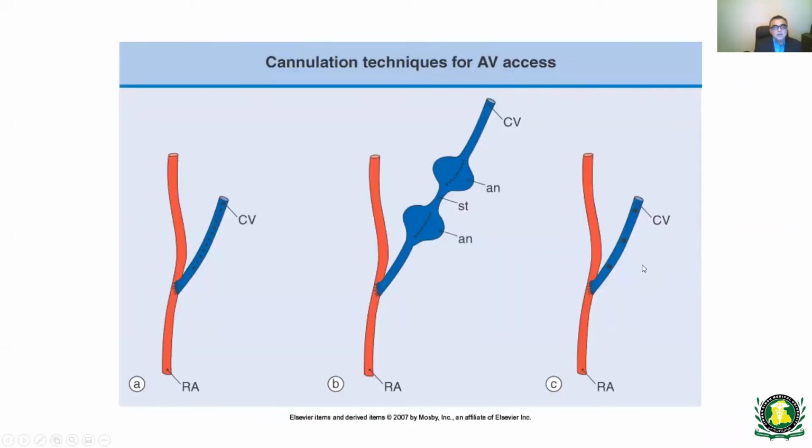As far as the cannulation is concerned, it's very, very important to do the right cannulation, which is the rope ladder technique, and it has moderate but equal dilatation of the vein.